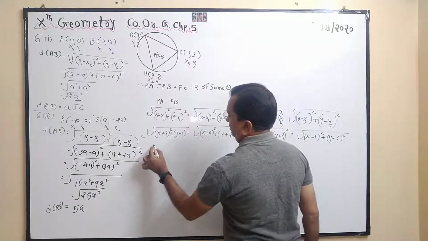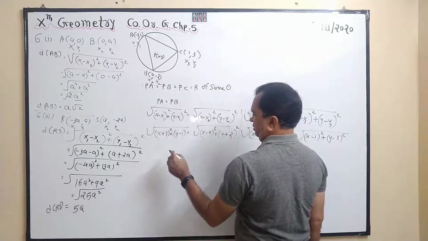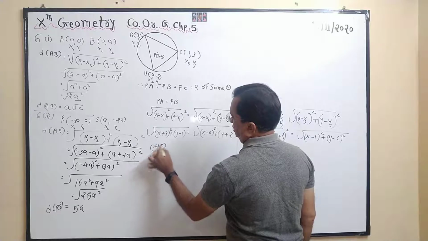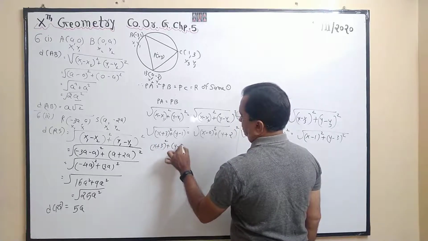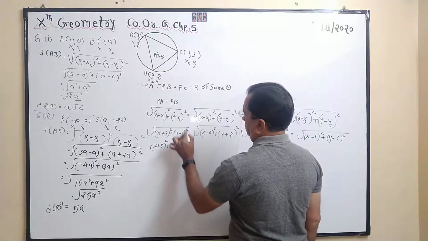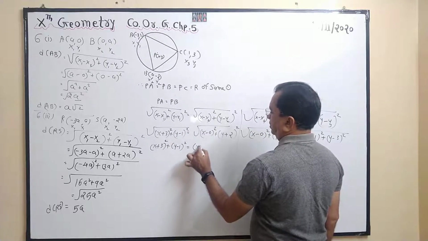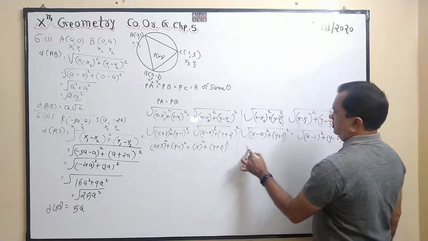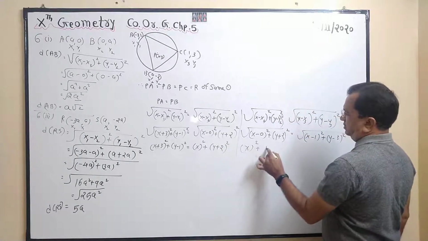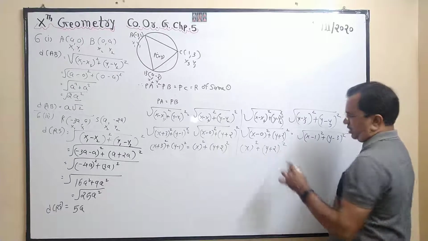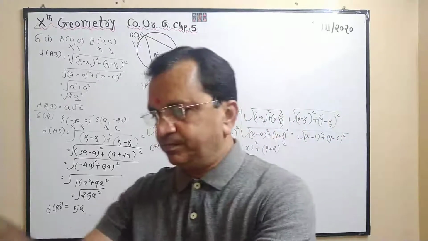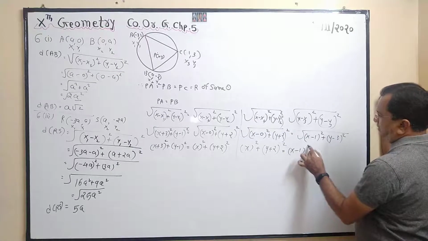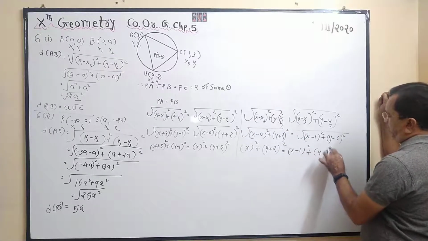So first omit the root, taking the square on both sides. So (x plus 3) total square plus (y minus 1) total square is equal to x square plus (y plus 2) total square, which is equal to (x minus 1) square plus (y minus 3) square.